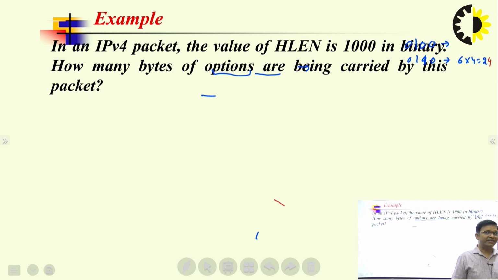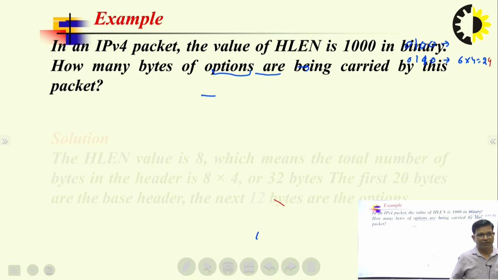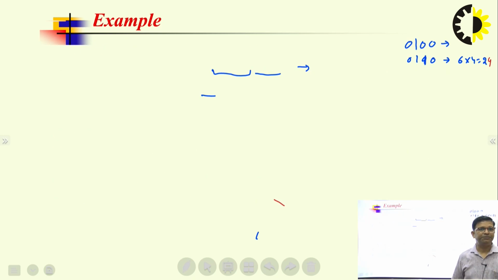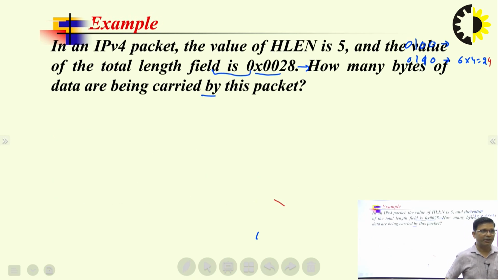So 20 bytes are kept for the base header and the rest, 12 bytes, are kept for the option field. So this is the solution. The HLEN value is 8. The total number of bytes in the header is 8 multiplied by 4, 32 bytes. The first 20 bytes are the base header and the remaining 12 bytes are the option field.